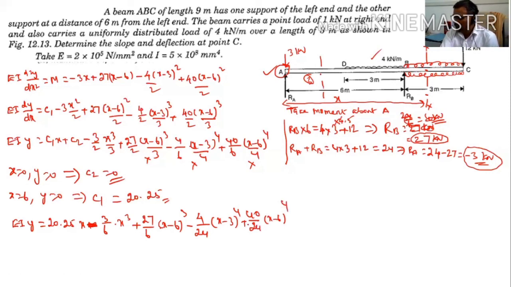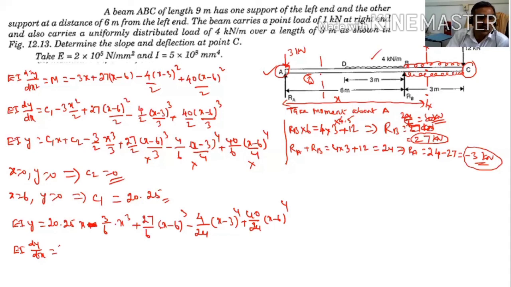So now our objective is to find the slope and deflection at the point C. This is the point where we need to calculate slope and deflection. So similarly, the general form of the slope equation, dy by dx, is equal to this equation.